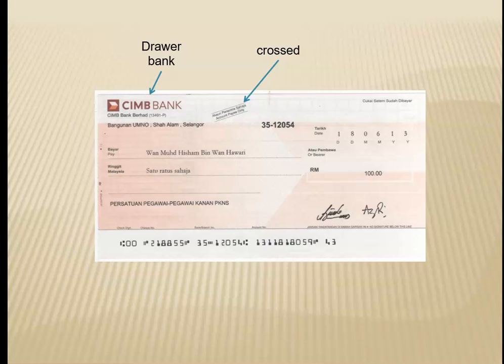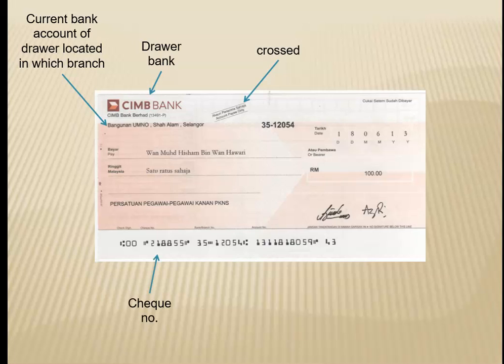That is the drawer bank, the bank that would pay to your bank. And below is the branch, the information of which branch the account belongs to, I mean the one who pays you, which branch the account is located at. And this is the check number.